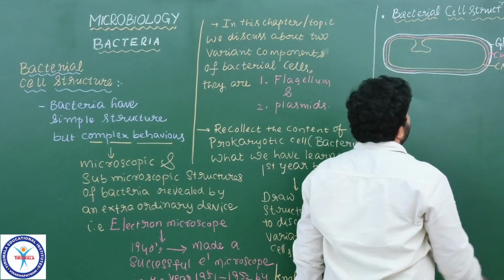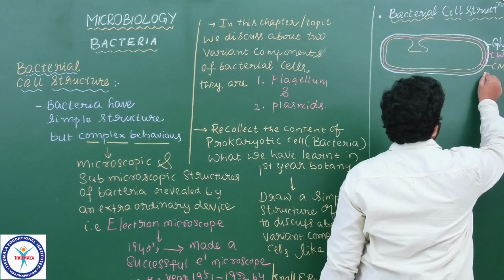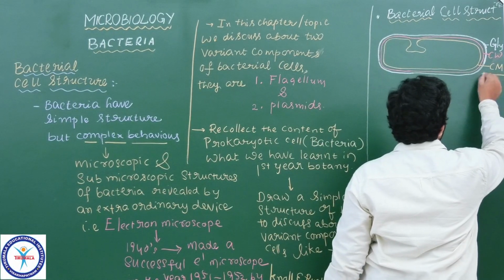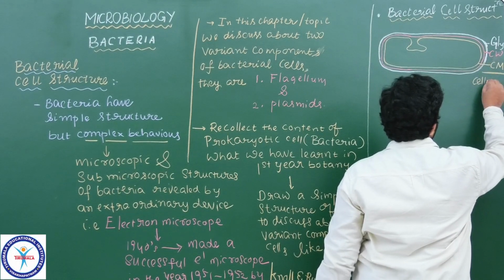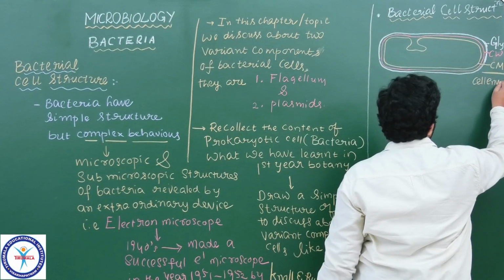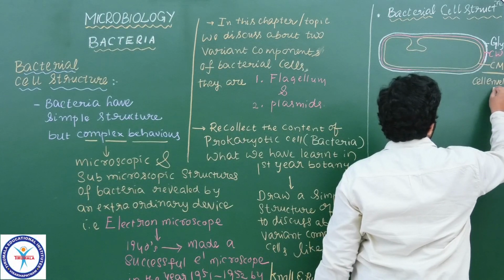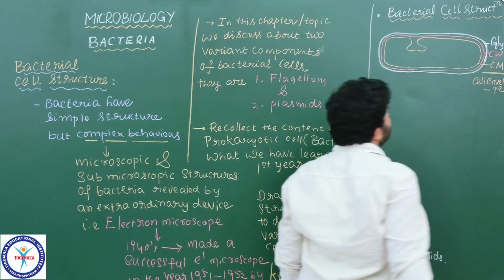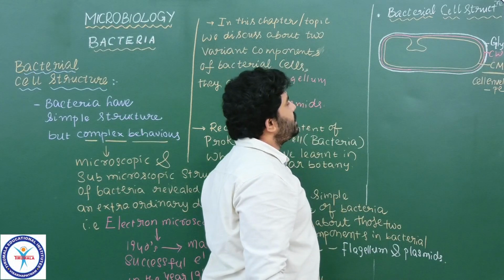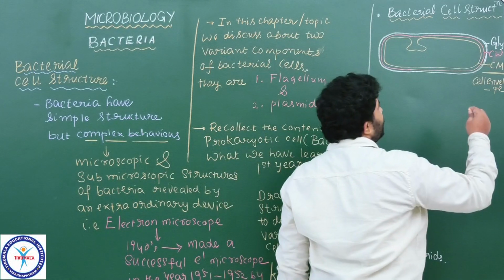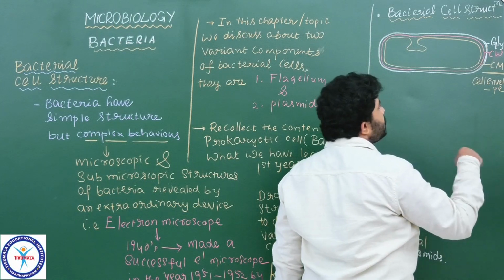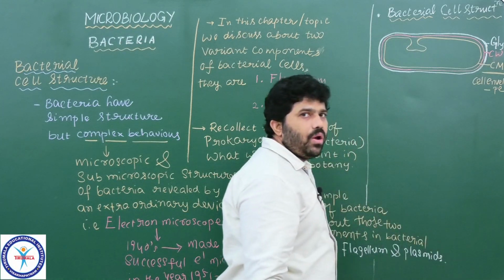From exterior to interior we follow this order: glycocalyx, cell wall and cell membrane. These three layers are collectively called the cell envelope of bacteria. The cell envelope is made up of three layers from exterior to interior: glycocalyx, cell wall, cell membrane, in order.